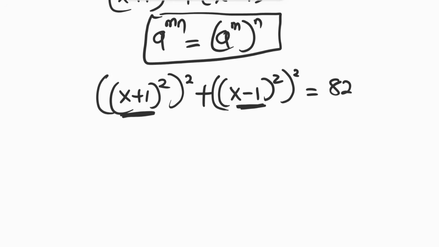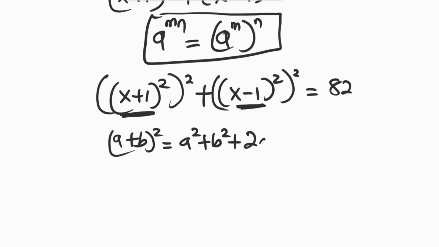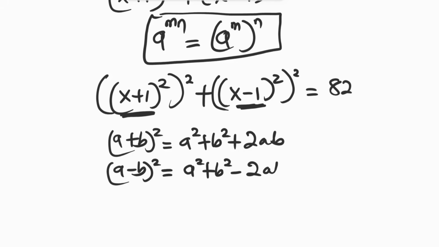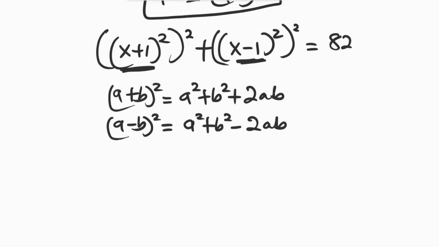So now let us expand the inner parenthesis. That is in the form of (a + b)^2, which is equal to a^2 + b^2 + 2ab, and (a - b)^2 is a^2 + b^2 - 2ab. So let us rewrite what we have here.